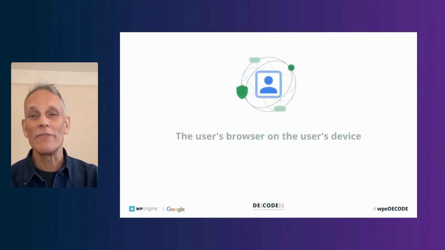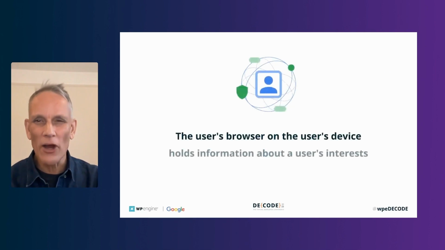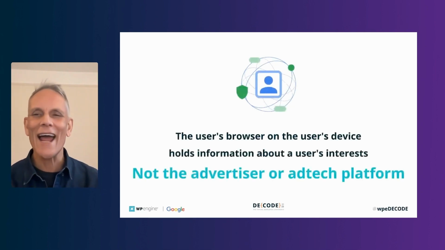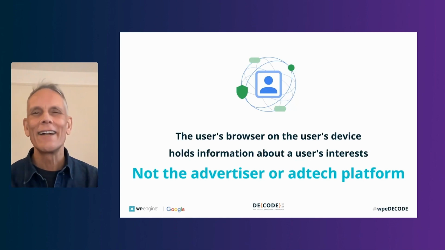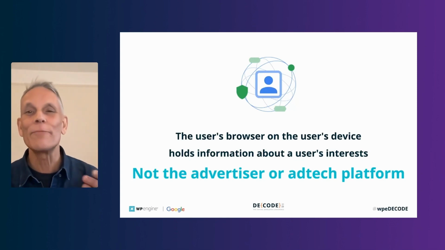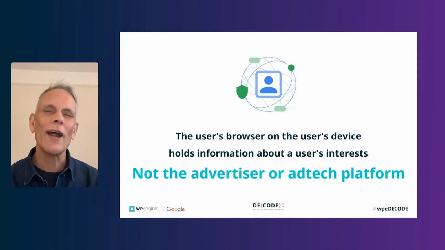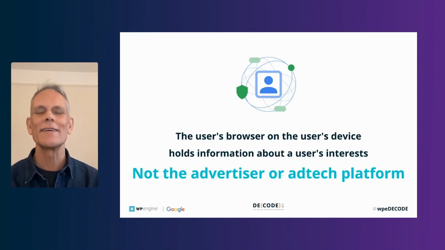Now, one of the major innovations of the Privacy Sandbox APIs is to enable the browser to act on the user's behalf. In a sense, getting back to the browser's core role as what we call user agent. With current technologies, data is collected, aggregated, and shared by third parties to track user browsing across sites.